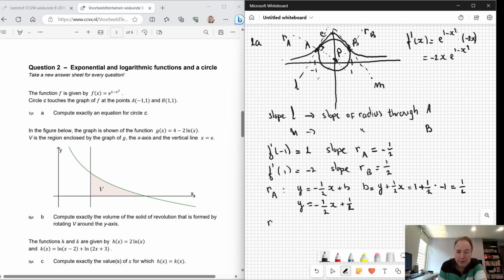Now for B, so we found y is 1/2 x plus b. So b is y minus 1/2 x, which is 1 minus 1/2 times 1, also 1/2.